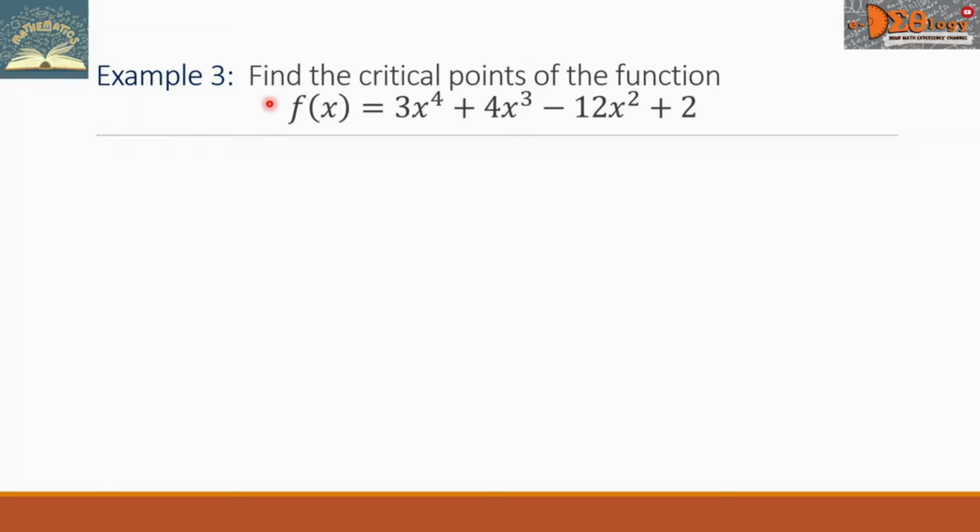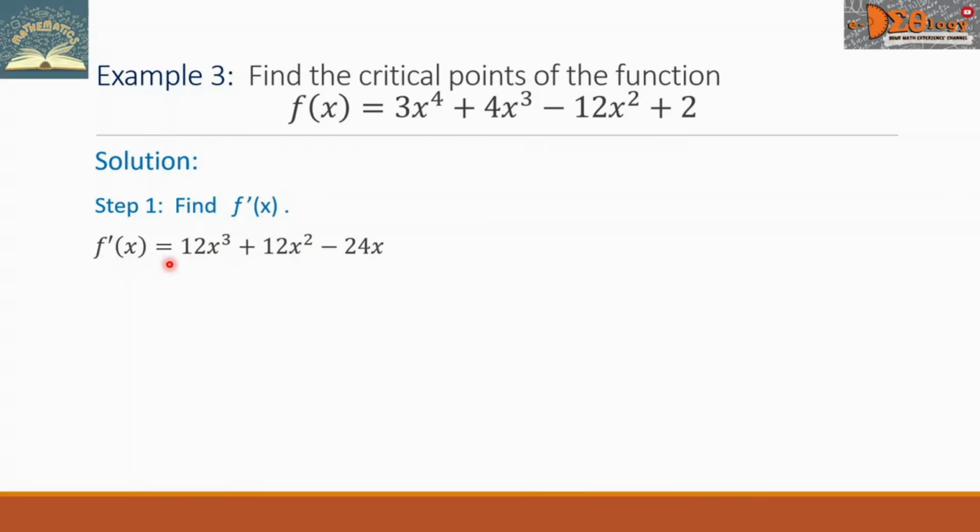Example 3. Find the critical points of the function f of x equals 3x raised to 4 plus 4x cubed minus 12x squared plus 2. Step 1. Let us find the derivative.